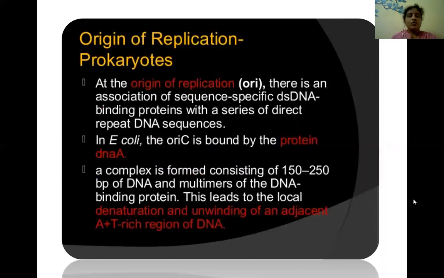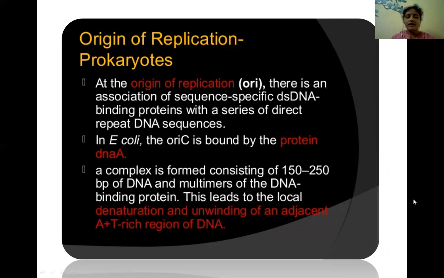Now, let us move on to the origin of replication in prokaryotes. At the origin of replication, ORI, there is an association of sequence-specific double-stranded DNA binding protein with a series of direct repeat DNA sequences.